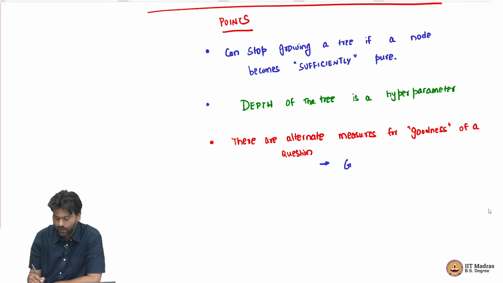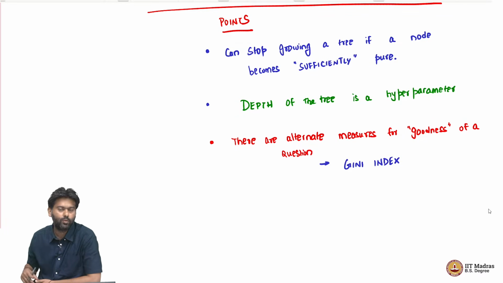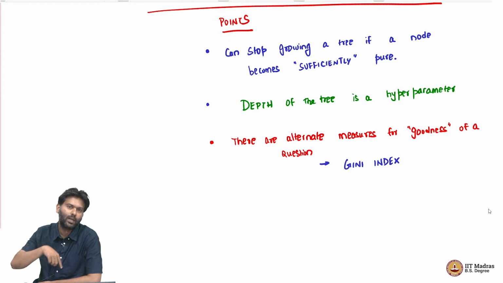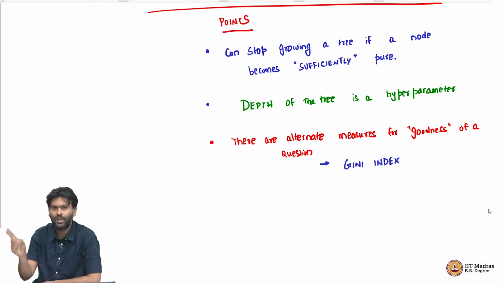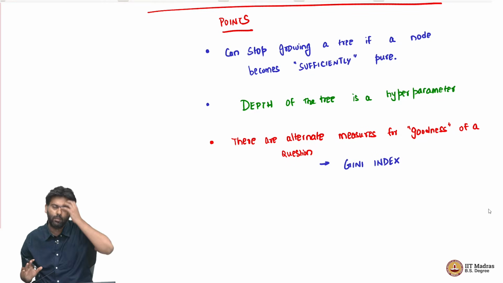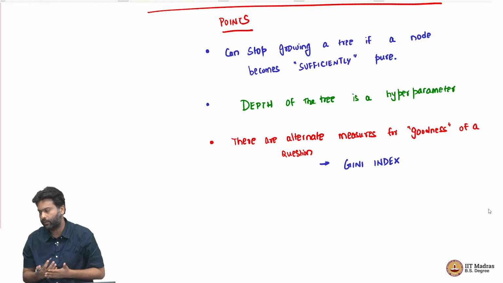An alternate measure of goodness, for example, is something called the Gini index, which is another popularly used measure for goodness of picking a question, right. So these all have different motivations, but for our purposes, entropy is very popularly used, and so is Gini index, right. In general, we can think of any reasonable function which has the property that it becomes 0 when p is 0 or p is 1, and then it peaks at p is 0.5, and it has this symmetry property, it's a reasonably good measure of impurity.